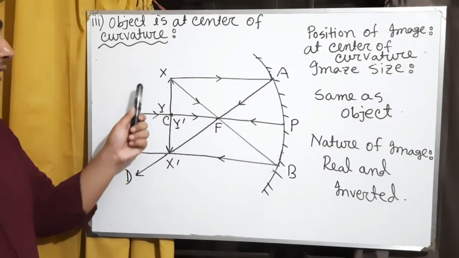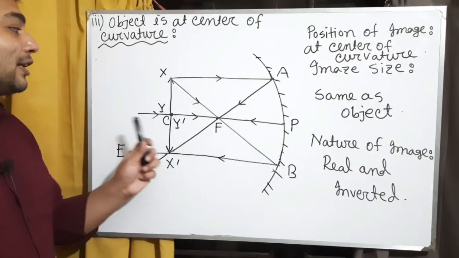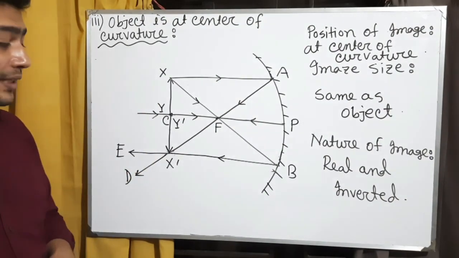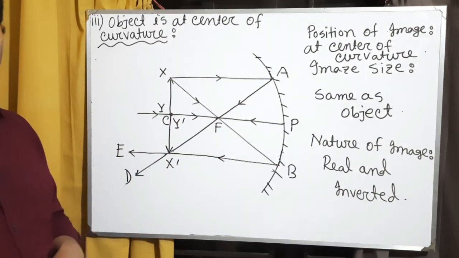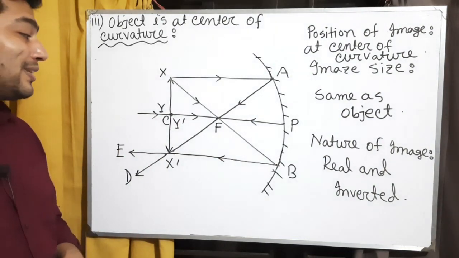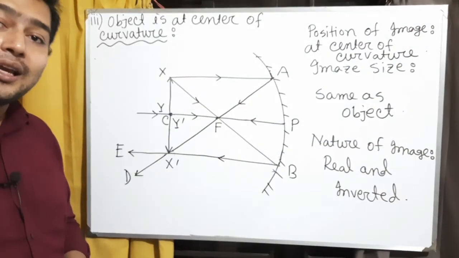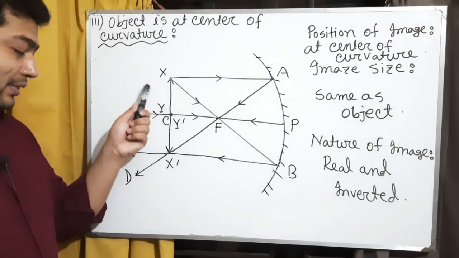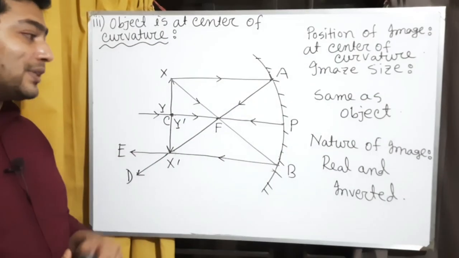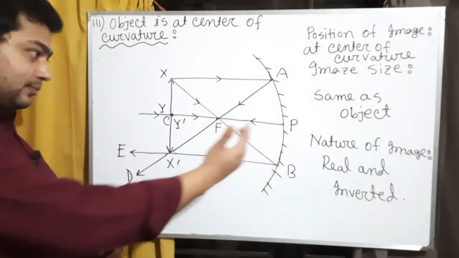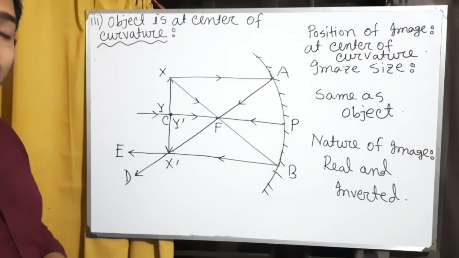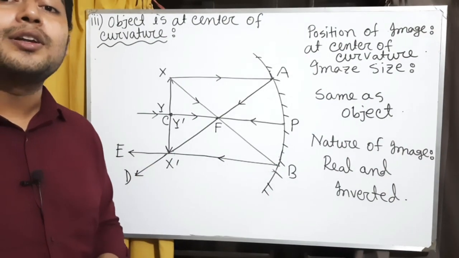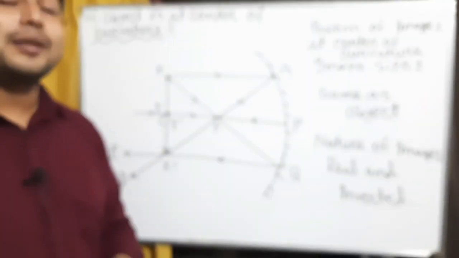The direction of object and image are opposite to each other, so this type of image is called an inverted image, and the image and object are placed on the same side of the mirror, so this type of image is called a real image.